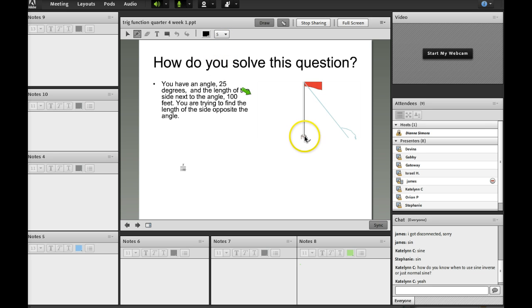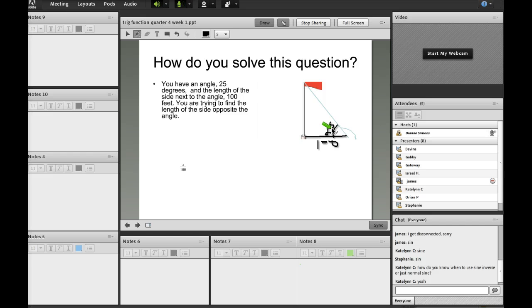Okay, so here is our right triangle, right? This is our angle that's 25 degrees. All right, and we know that this shadow is 100 foot. Again, I don't have my pen. All right, so if we know that this side right here is 100 foot, we know that this angle is 25, which one of the trig functions do you think we're going to need to use?